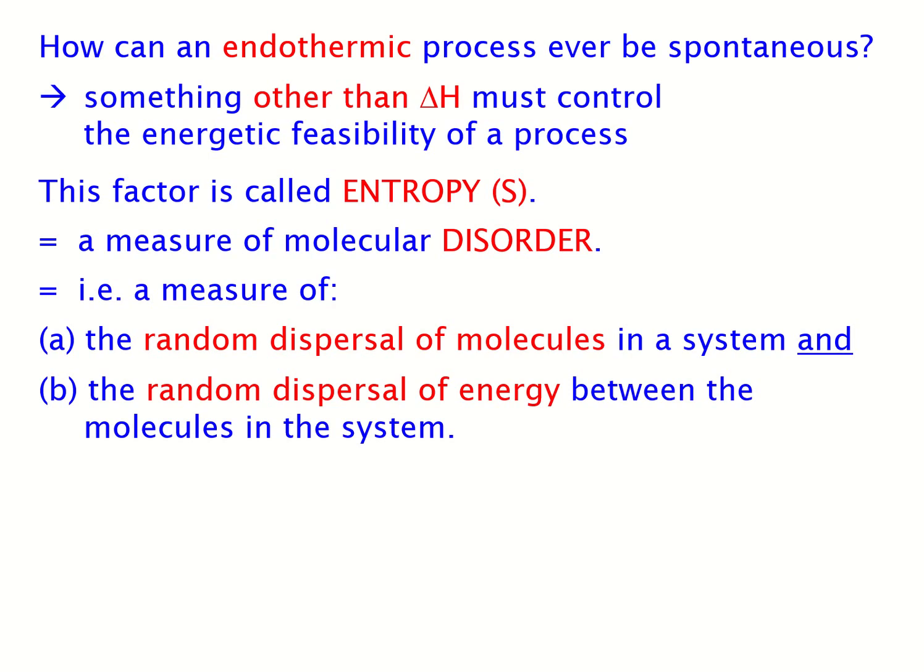So you have gone from a very ordered bedroom, which has a very low entropy, to a bedroom where everything is randomly dispersed, and now you have a bedroom which has what we would call high entropy, or a high level of disorder. And that's as simple a way as you can probably think of entropy, as just a measure of disorder. And that disorder can come from the randomness of molecules and from the dispersal of energy.